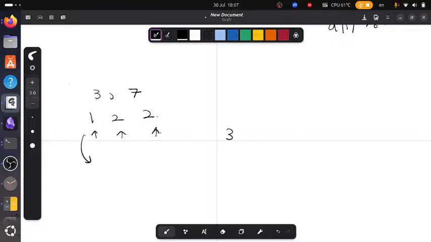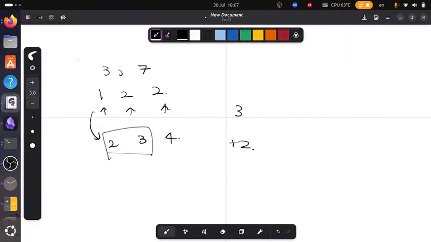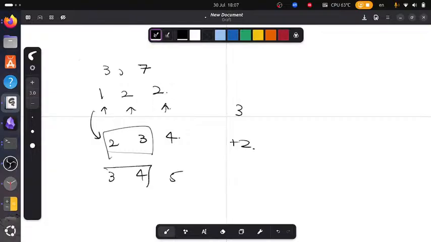Then this turns into 2, 3, 4. In this case, we can buy 2 and 3, 5. We can also buy 4 and 3, 7, but that doesn't make a difference, they are the same things. So this makes it plus 2. So we bought 2 more bags. Then this becomes 3, 4, 5. So again, we can buy 2 bags.